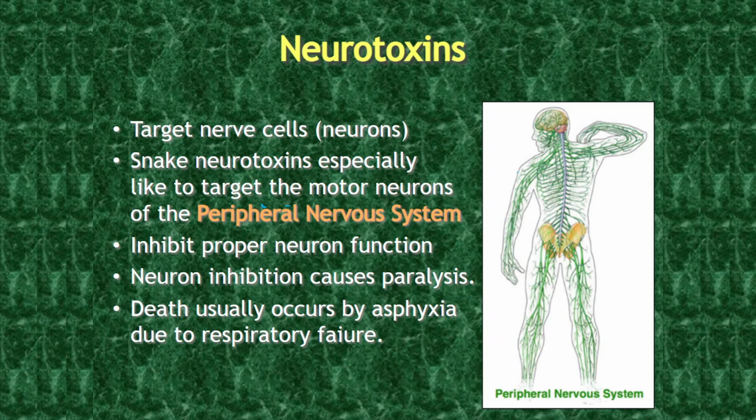As you can see in this diagram, the peripheral nervous system, or PNS, extends through the entire body. If there is a toxin or molecule which blocks the motor neurons, then your peripheral nervous system is going to collapse. That is how it causes paralysis.